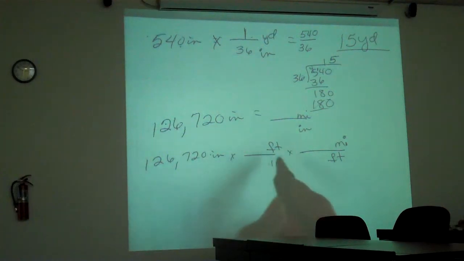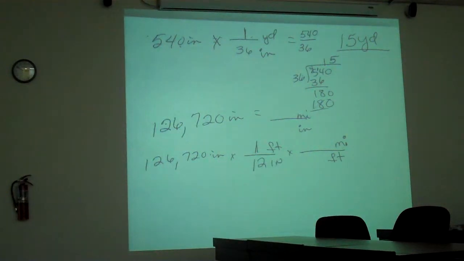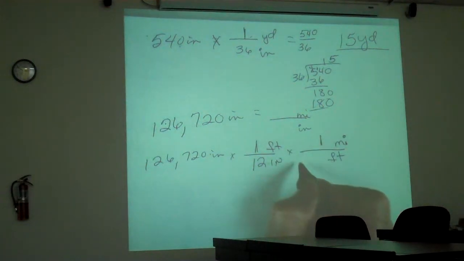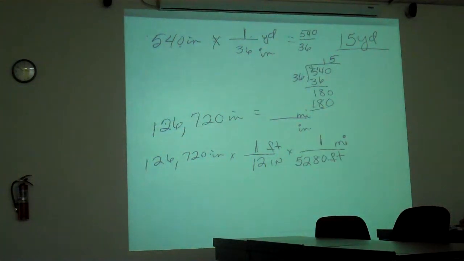So for every 1 foot, there's 12 inches, right? And what was the numbers for miles and feet? 1 mile is 5,280 feet. Okay.